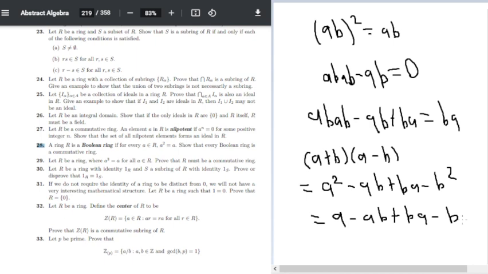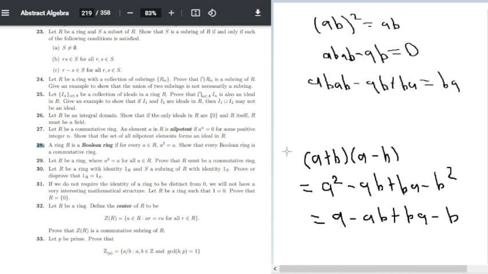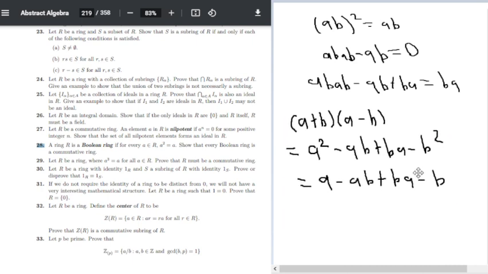I'm just wondering what we do with that. I mean, this means that from here at least, we have that ba minus ab is equal to (a plus b)(a minus b) plus b minus a.